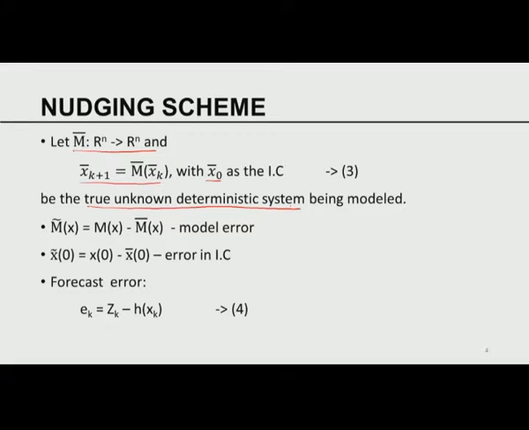If M bar is equal to M, the model is perfect. If M bar is different from M, the model has an error. So I am now going to consider a generalization of the nudging scheme where I am going to think that the model may or may not be perfect. So let M bar minus M be the model error.